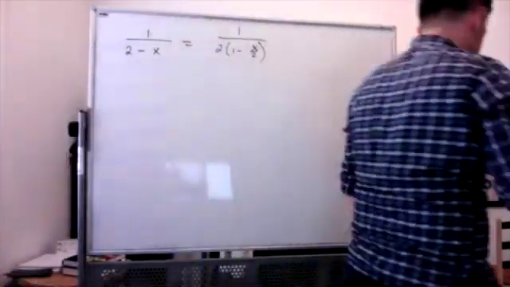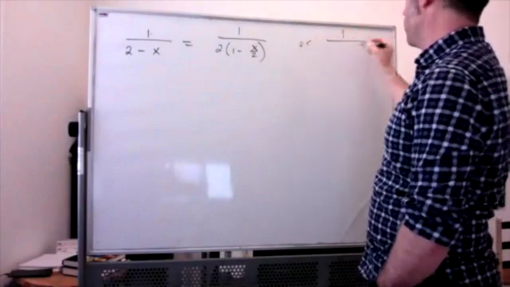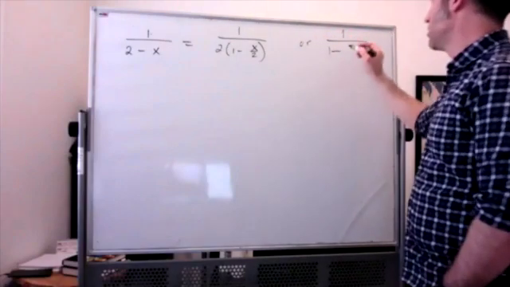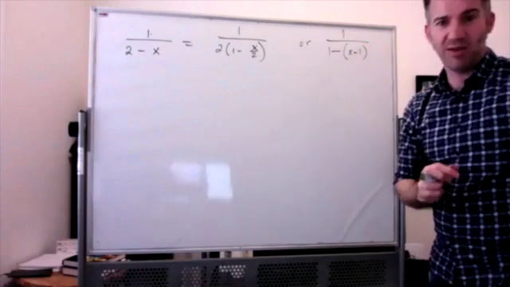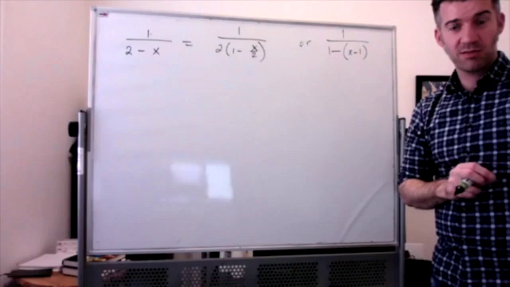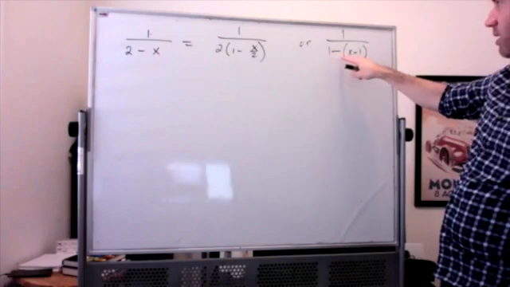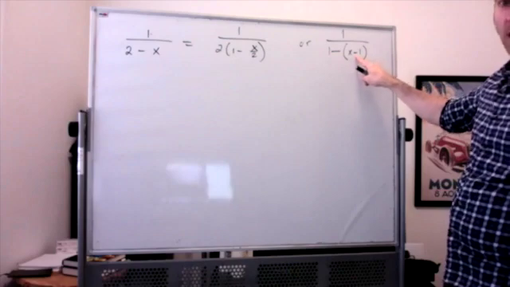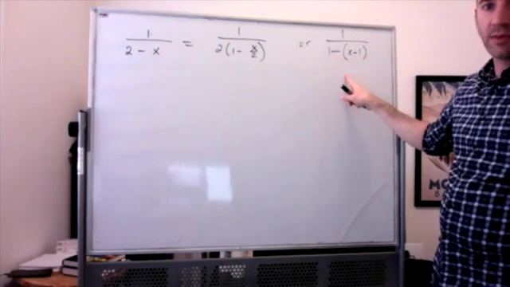It is also certainly an option. You could write it as 1 over 1 minus x minus 1. That would also technically work, right? Because that's a negative x, and a 1 minus a minus 1 is a positive 2. Here's the reason why we pick this and not this.